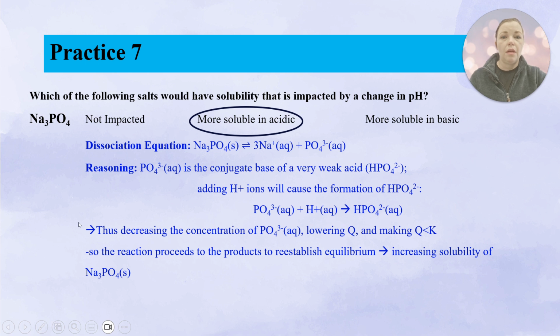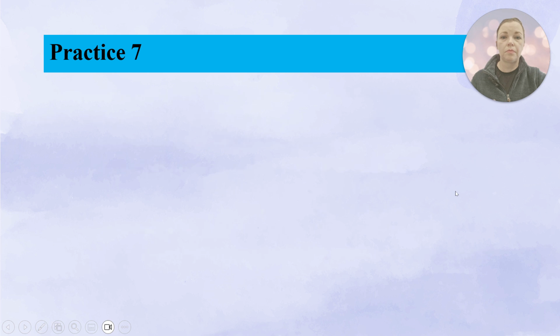Now, if we were to add a hydroxide here, if we were to make this basic, we wouldn't see a change in the solubility because the sodium hydroxide here is a conjugate of a strong base. So we would not expect adding hydroxide to impact this equilibrium at all.